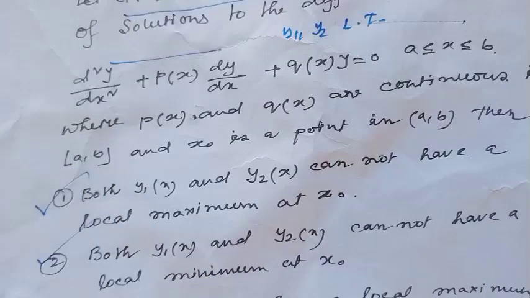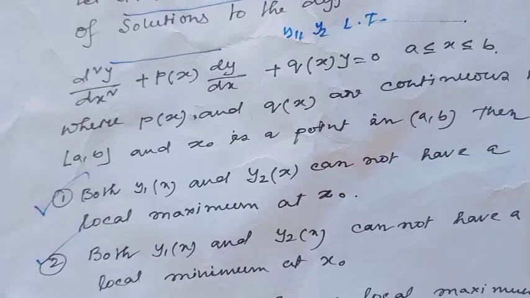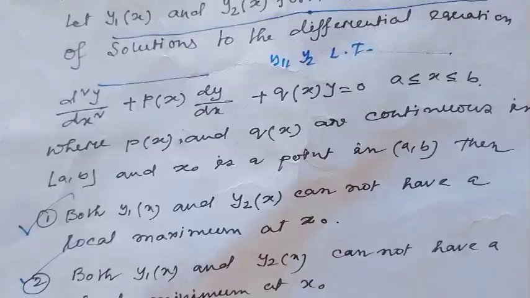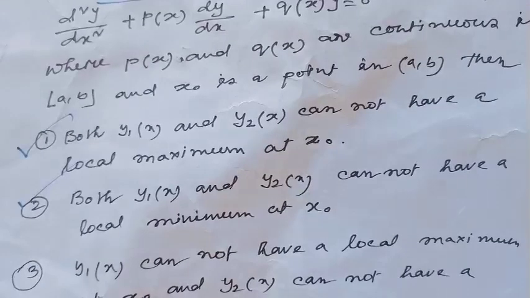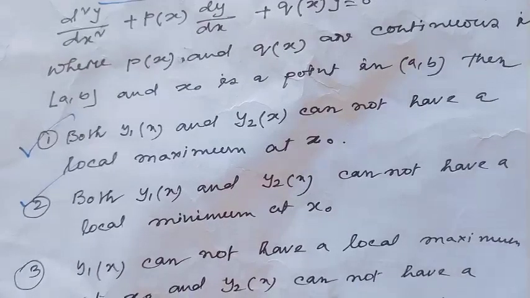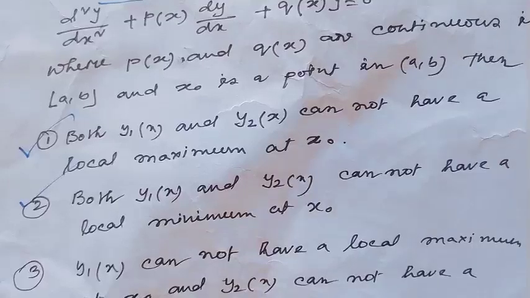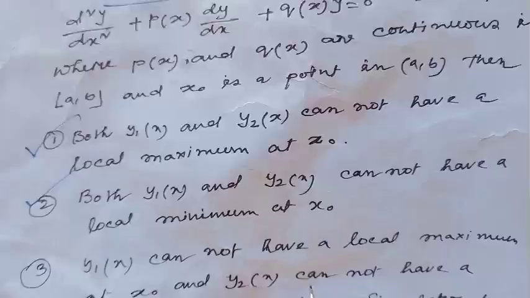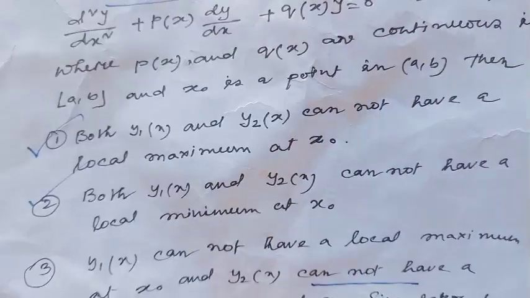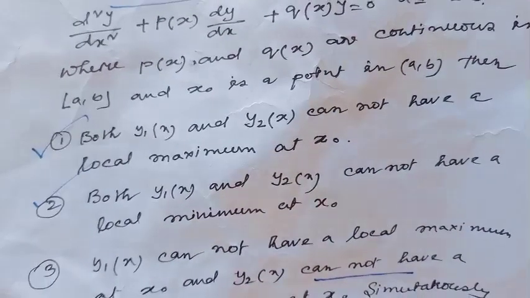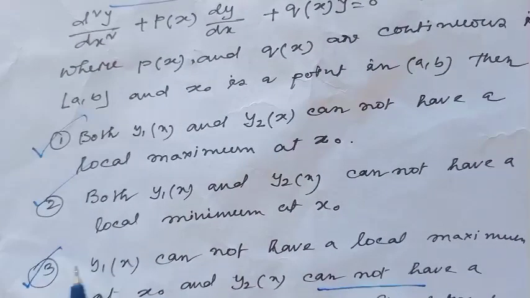Obviously both options are true because the solutions are given as linearly independent. Option 3: y1(x) cannot have a local maximum at the point x naught and y2(x) cannot have a local minimum at the point x naught simultaneously. Obviously the third option is also a right option.